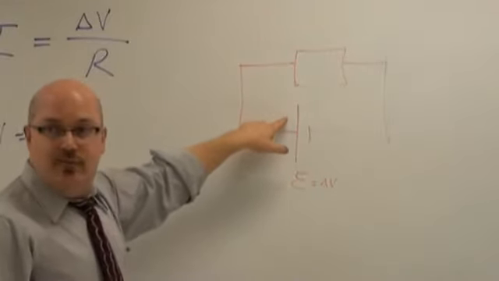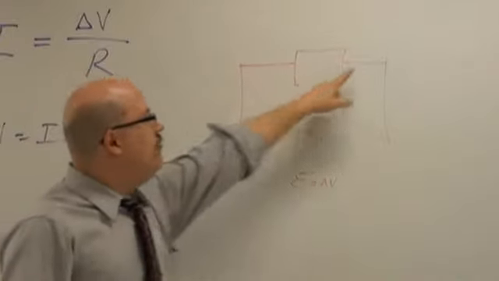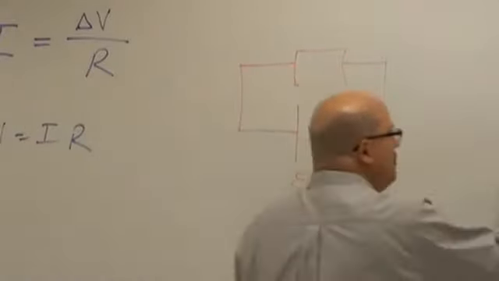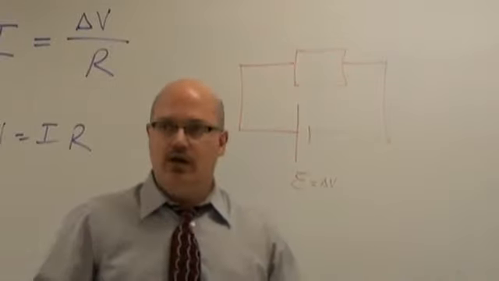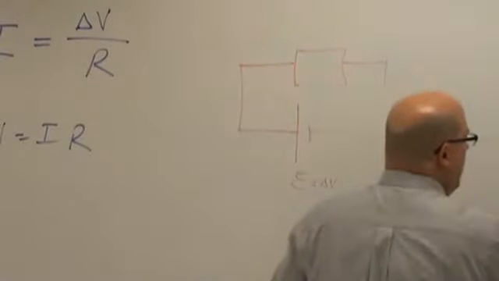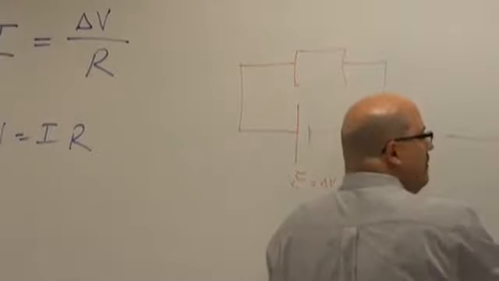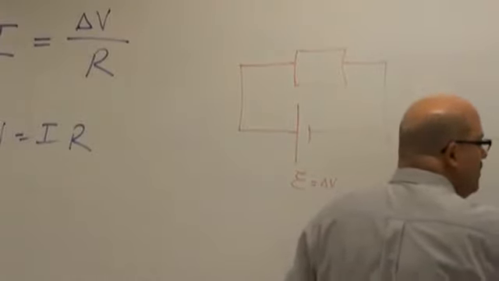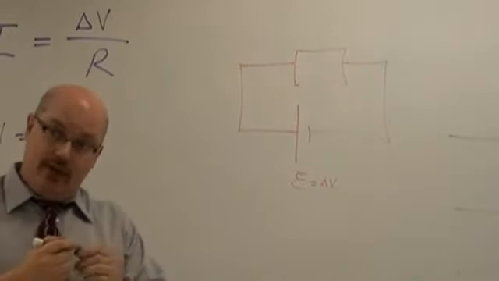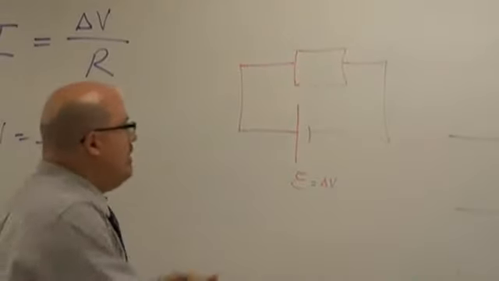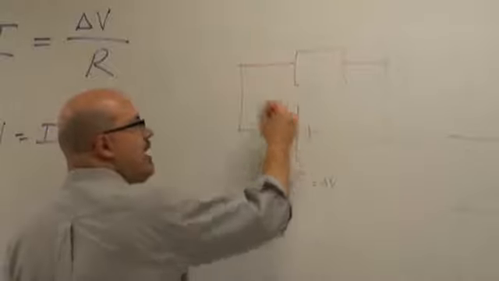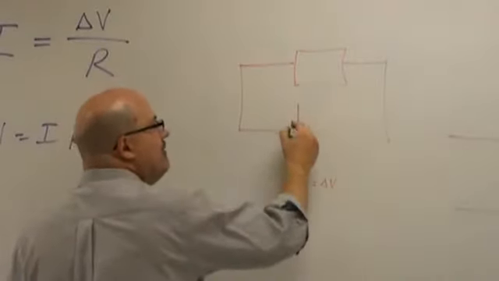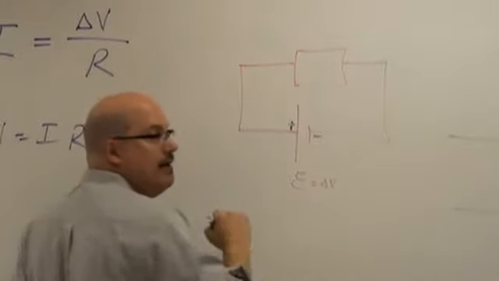And this should make sense. If I want charge to flow around, how do I get a charge to move? I create an electric field which supplies a force to it, which makes it move. So when you hook this battery up, you end up with a positive side and a negative side.